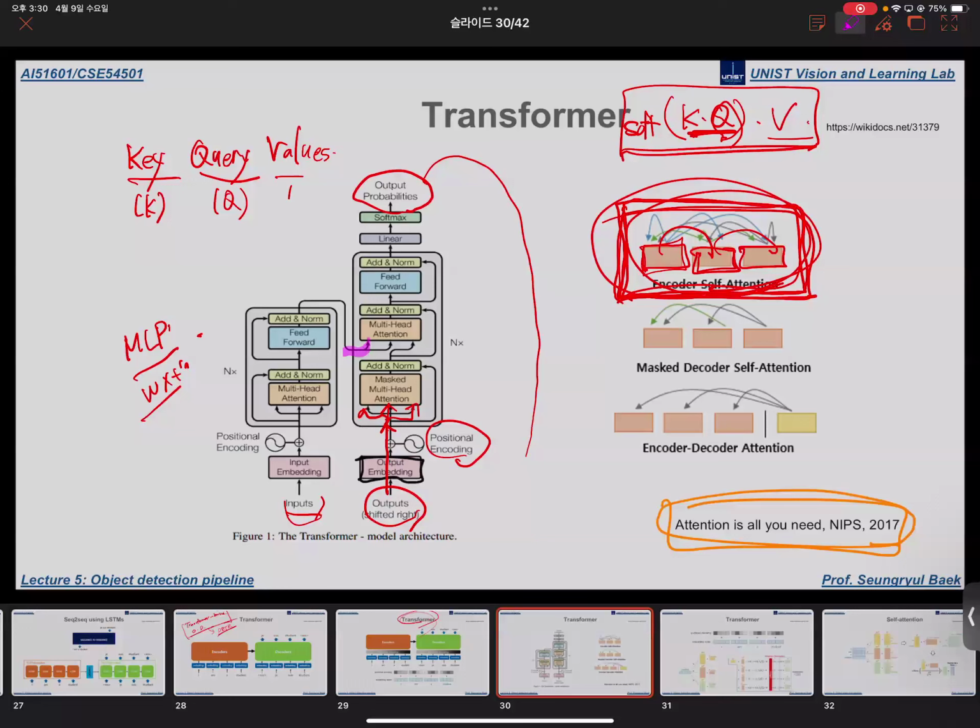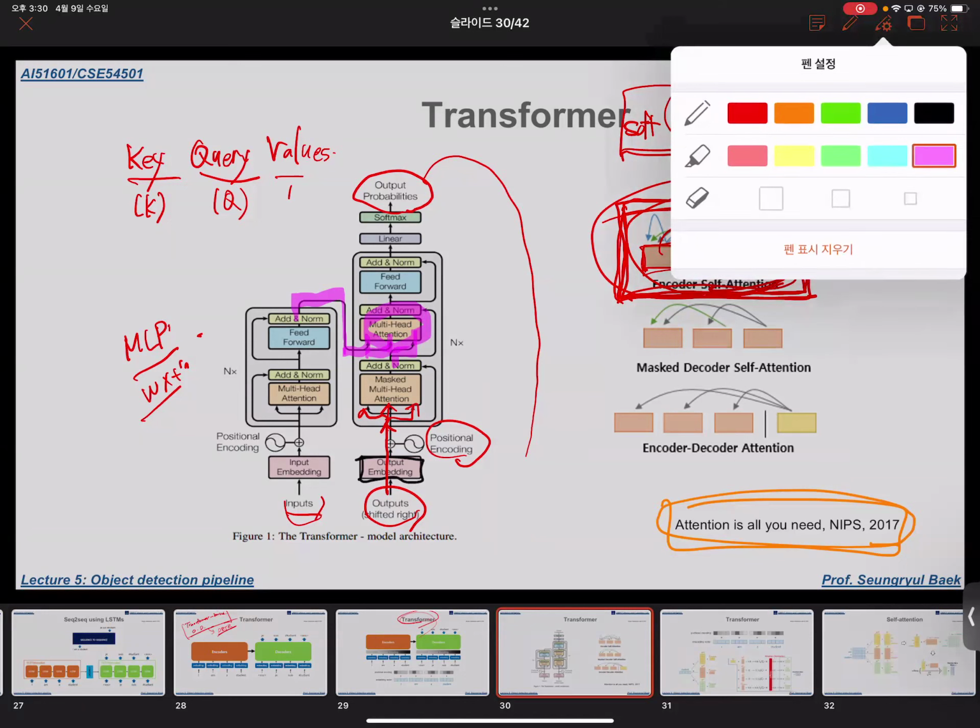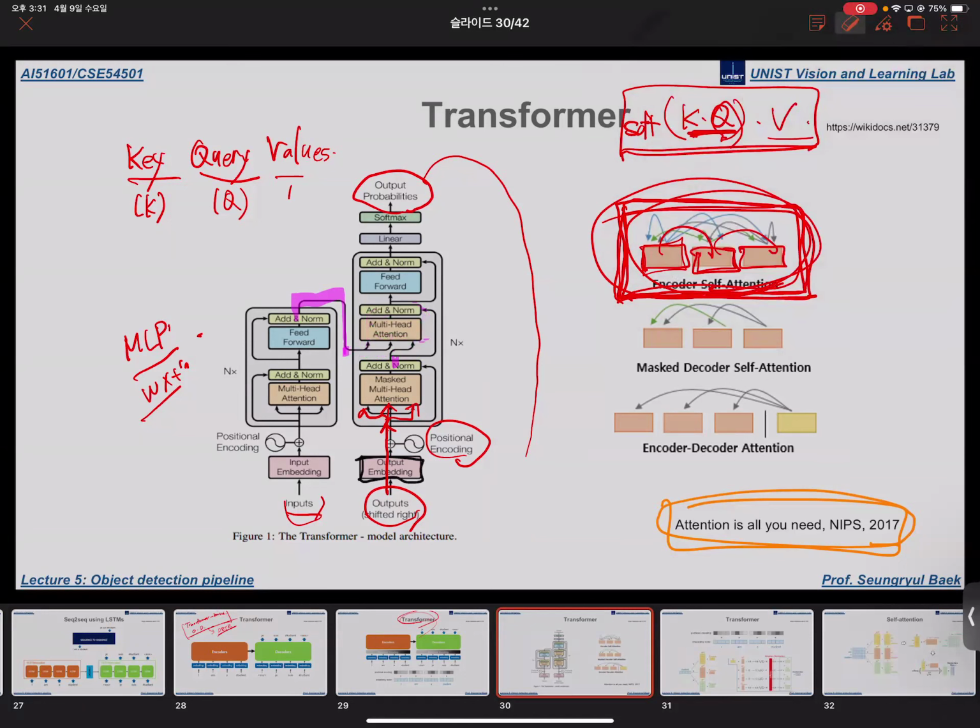Two of the three inputs to this attention mechanism are coming from the encoder feature vector, and one input to this attention is coming from the earlier layers of the decoder. Then they apply the attention mechanism to these three vectors and generate some output.